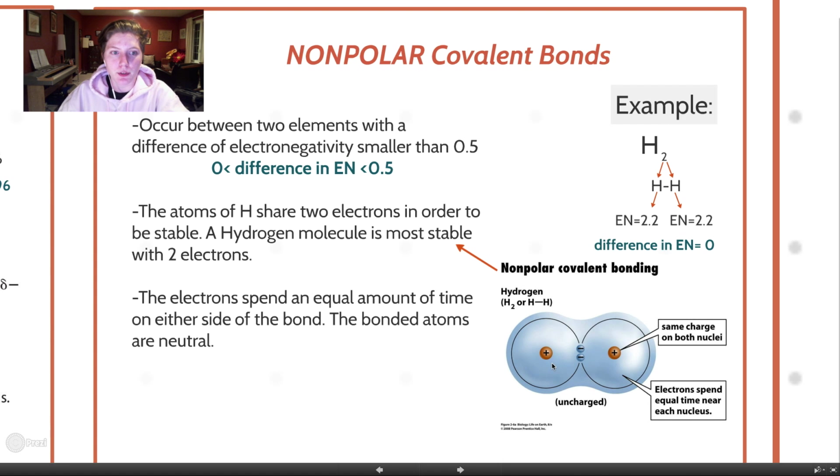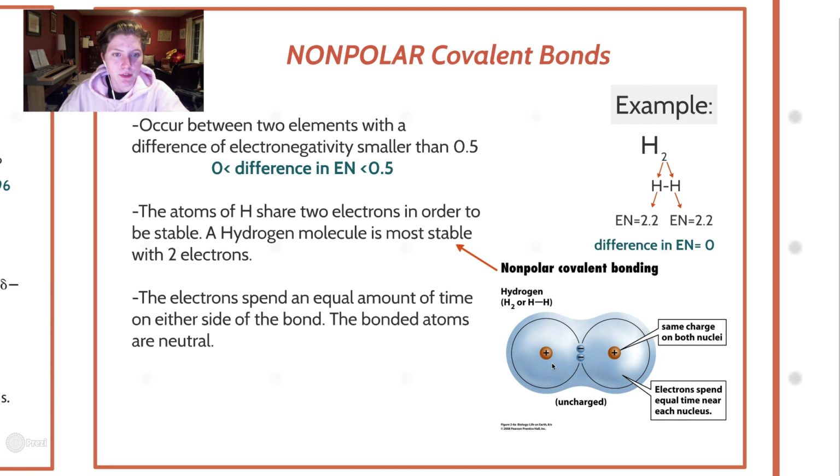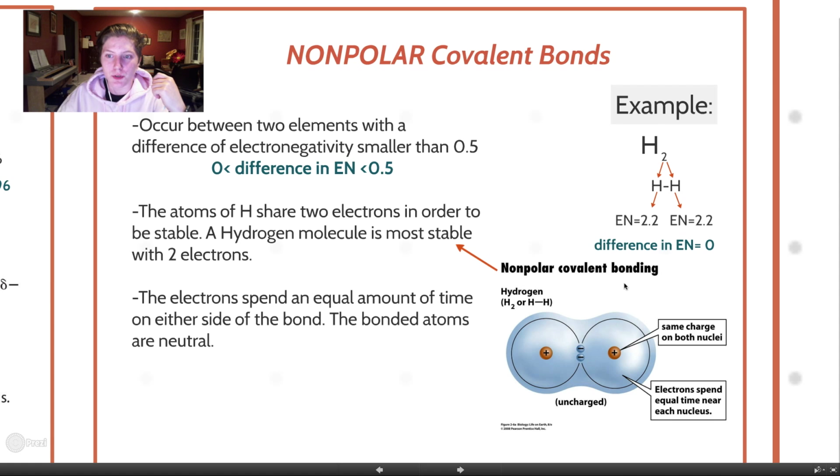And then there's nonpolar covalent bonds, and that's when the two elements have a difference of electronegativity that's smaller than 0.5, obviously bigger than or equal to 0, since we're taking the absolute value. So the example here is H2. If you take the difference of electronegativity, it's 2 H's, so they have the same, at 0.